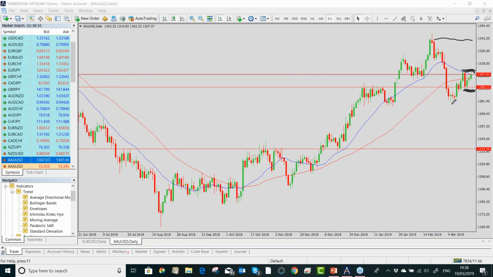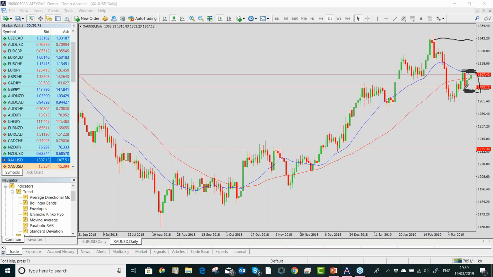So if we have an account with, say, $1,000 or £1,000 in, 1% of that would be £10 or $10, and therefore I want to position size so that over this 100 pips that I have between my entry and my stop loss, if price were to come down and hit my stop loss, I would only lose £10 or $10. So hopefully that makes sense to everyone.